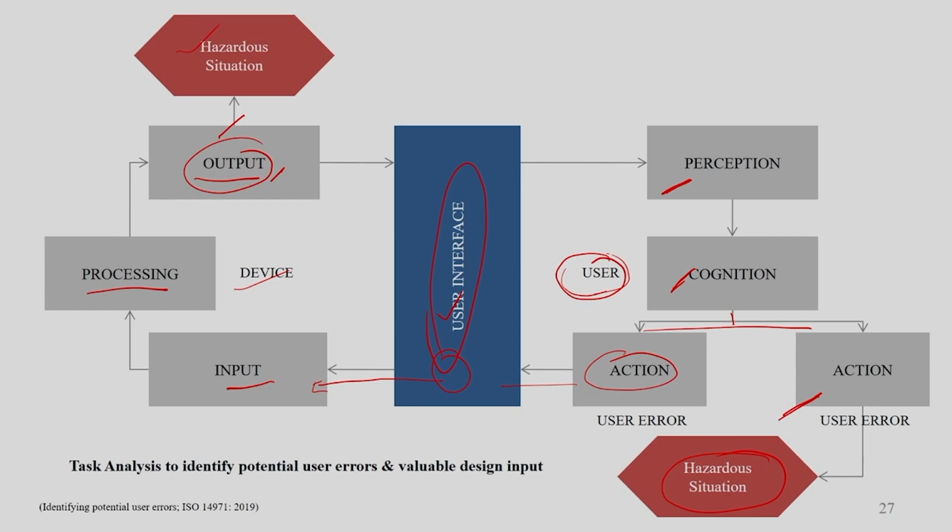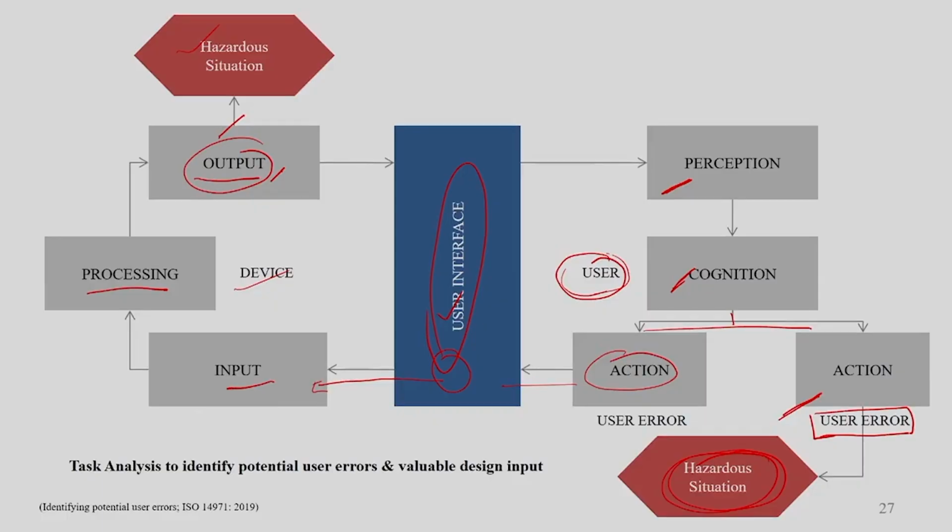If we identify these user errors beforehand, then we will be able to control these hazardous situations through control measures. Of course, we cannot say there will be no error. If a human is working in a particular situation, for different reasons, different causal factors are there which may cause the generation of human error.